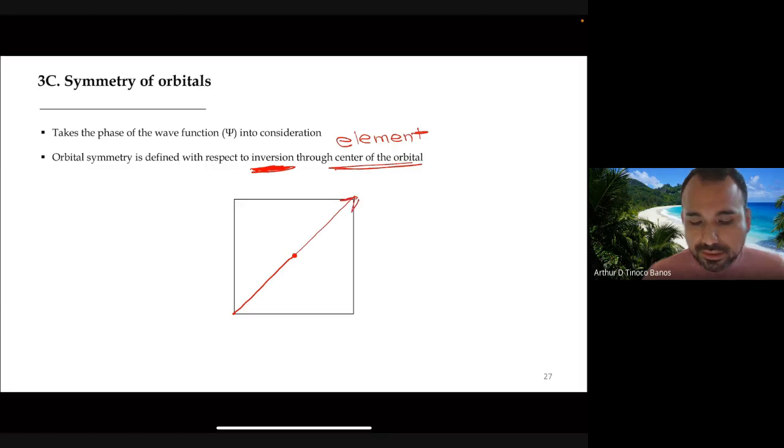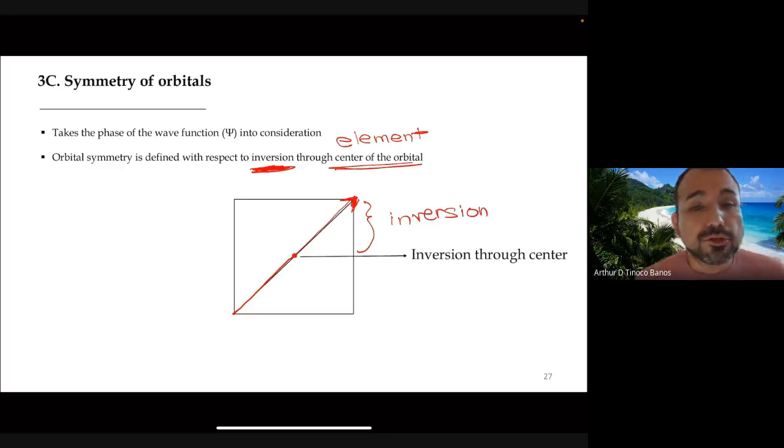And then depending on where you land, whether the phase is the same or different, is how you define the symmetry of that given orbital. This is what is known as an inversion. We did an inversion through the center.